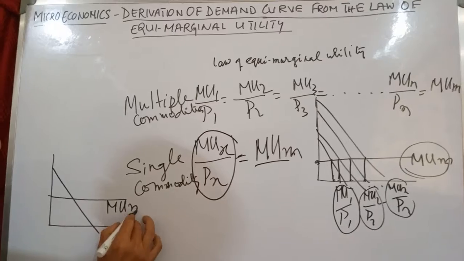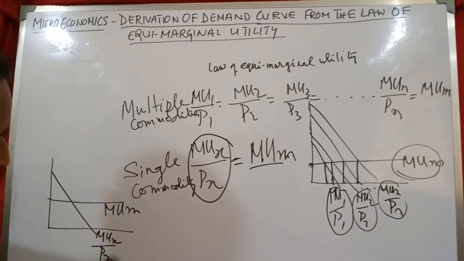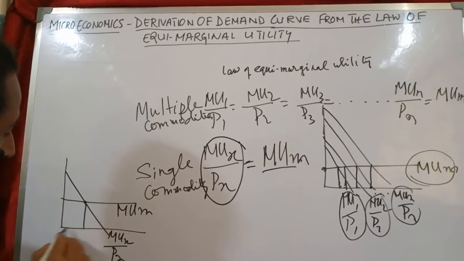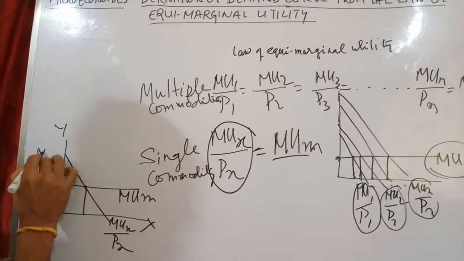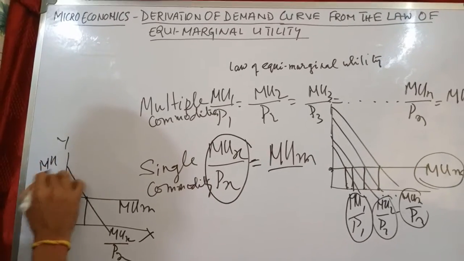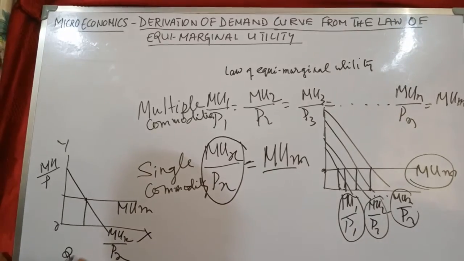This is MUm, this is MUx by Px. On the y-axis we measure marginal utility by price, and on the x-axis we measure quantity.